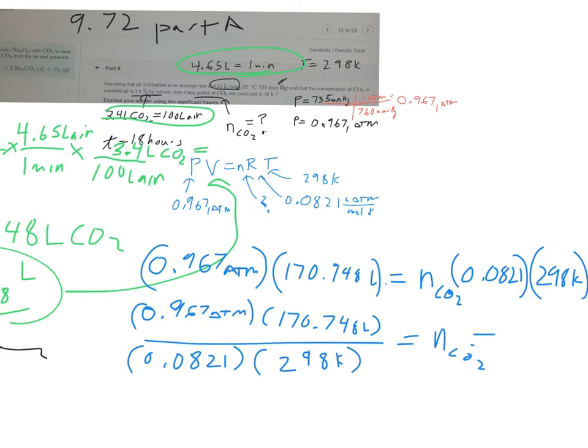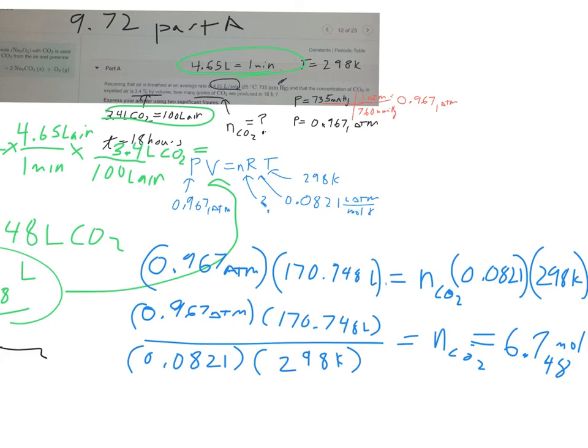So times 0.967 divided by 0.0821 divided by 298 gives me my number of moles of carbon dioxide as 6.748 moles. And now they want grams of carbon dioxide in the problem.